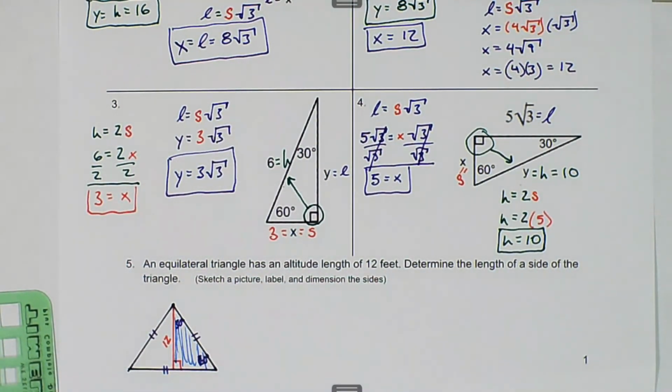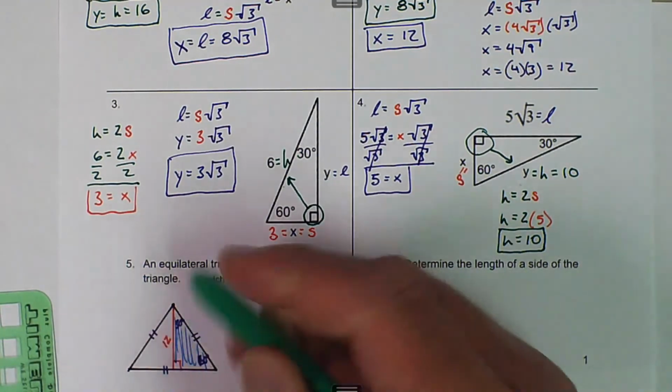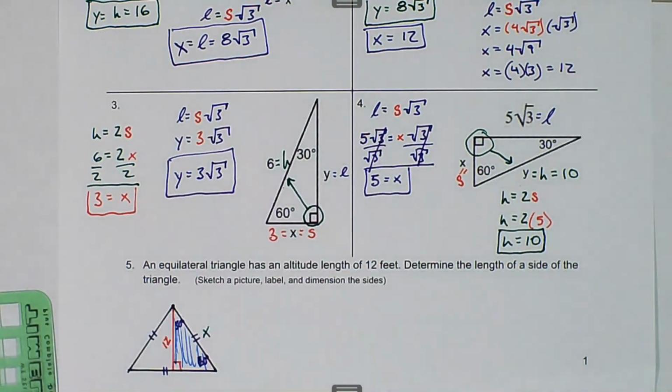And we want to find the other couple sides. Determine the length of a side of the triangle. So all we have to do is figure out what our hypotenuse is equal to. But there is no relationship that directly correlates the long leg to the hypotenuse. So we have to calculate the short side first.